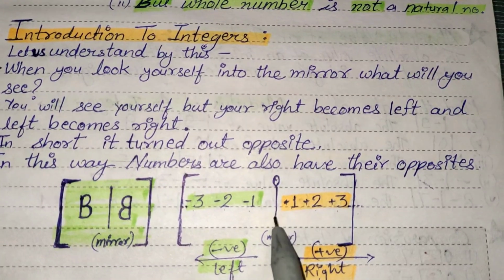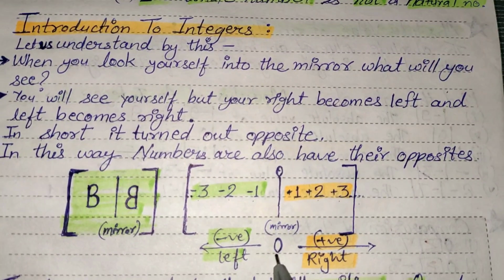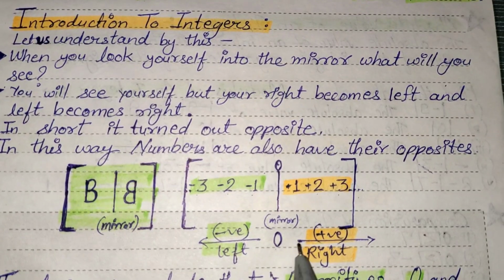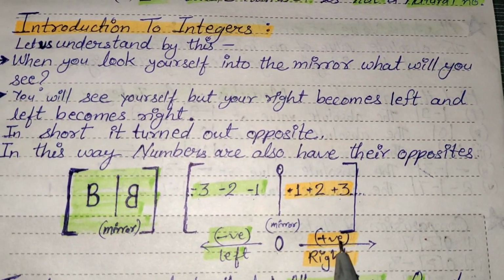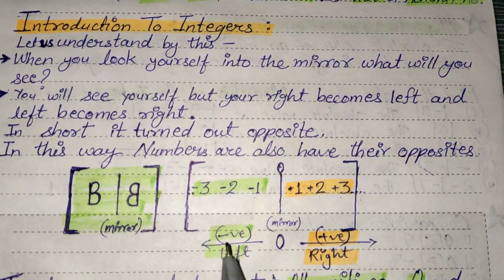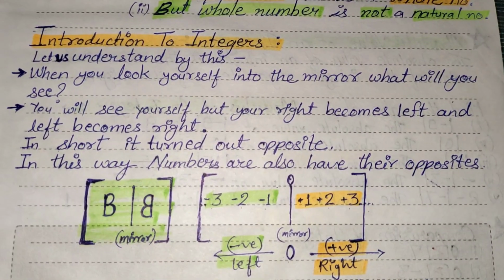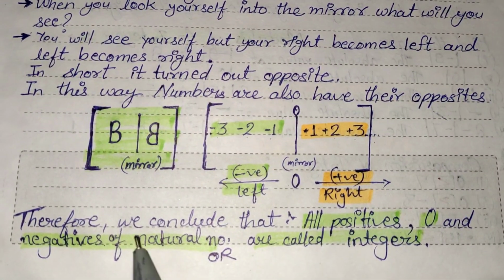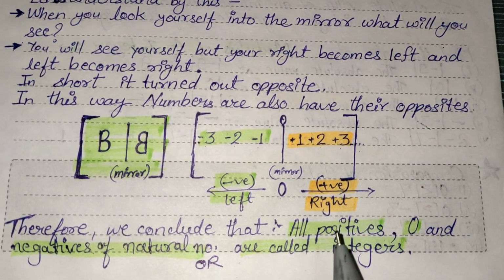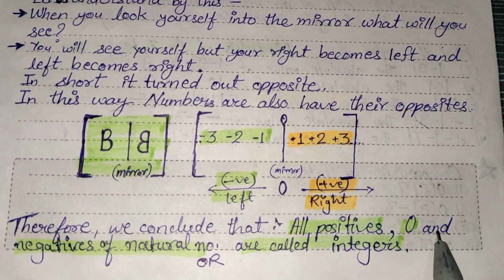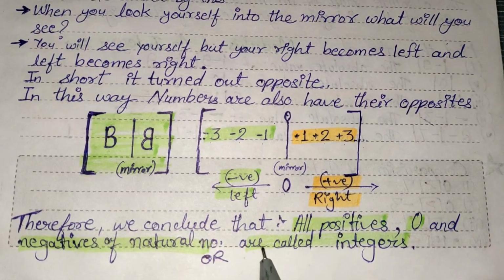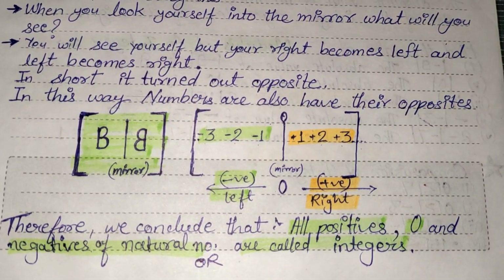This mirror we call 0. So right of 0 all are positive numbers and left of 0 all are negative numbers. Therefore, we conclude that all positives of natural numbers, 0, and all negatives of natural numbers are called integers.